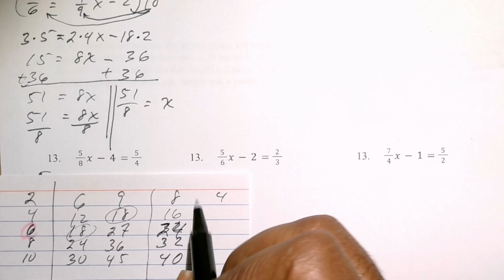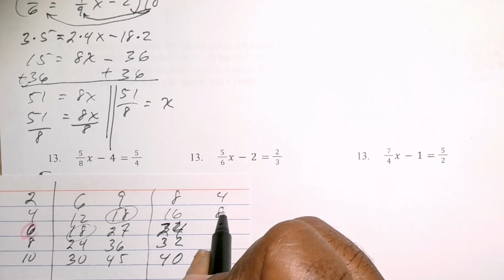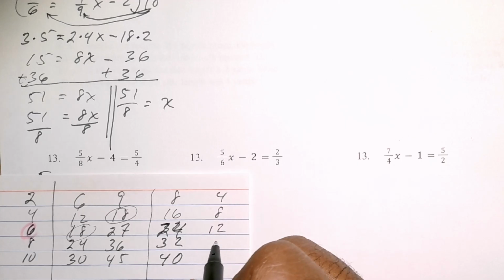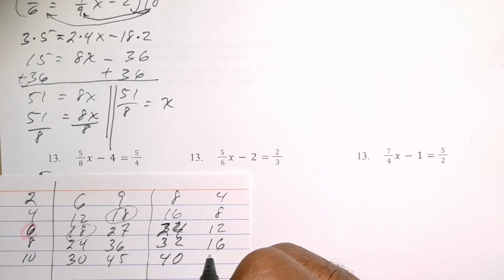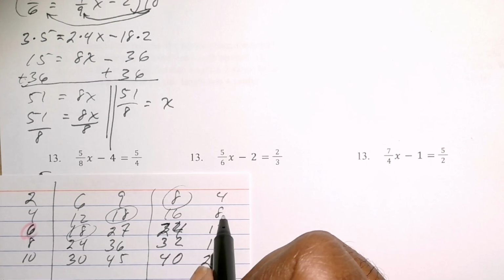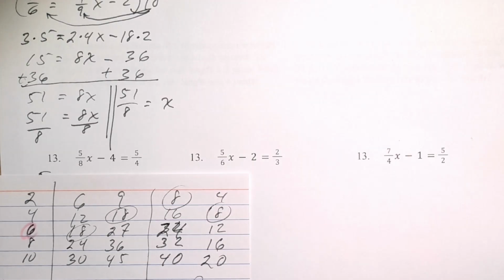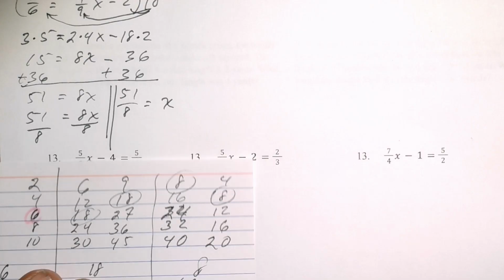For the 4 timetables, we have 4, 8, 12, 16, and 20. And I see that the LCD, or LCM, will be 8.